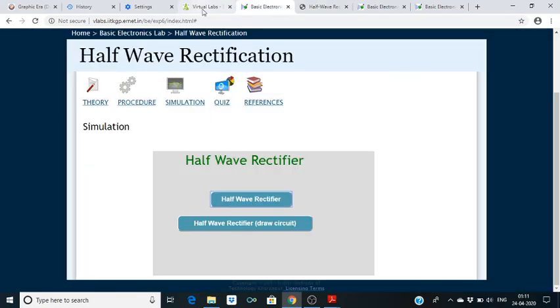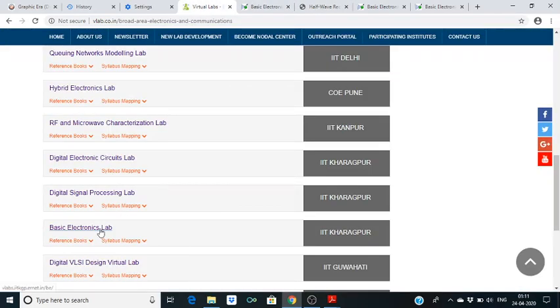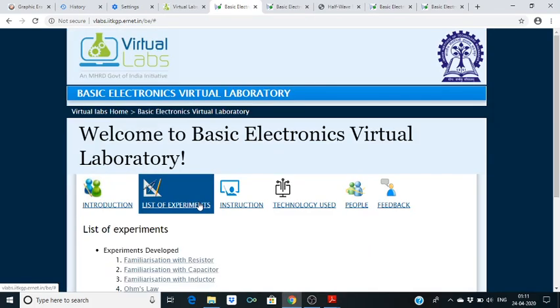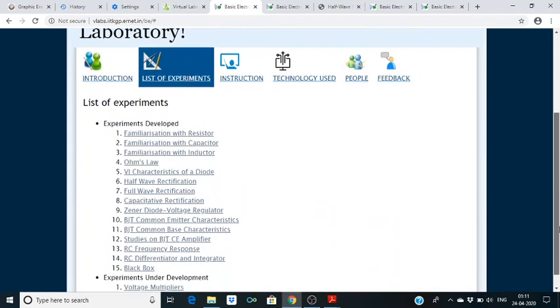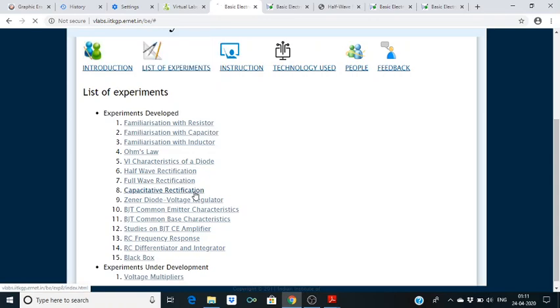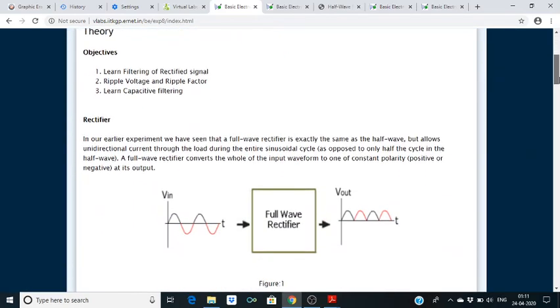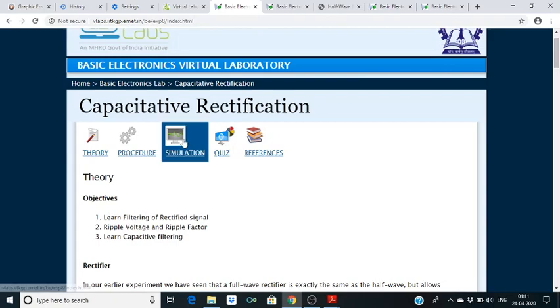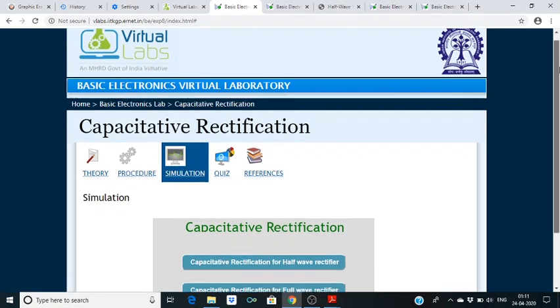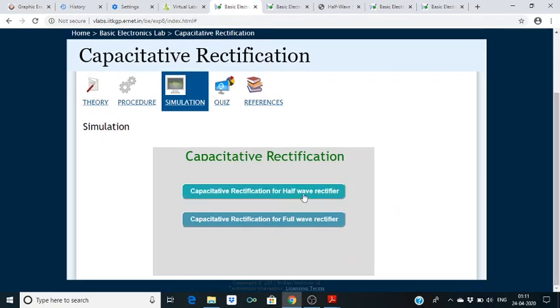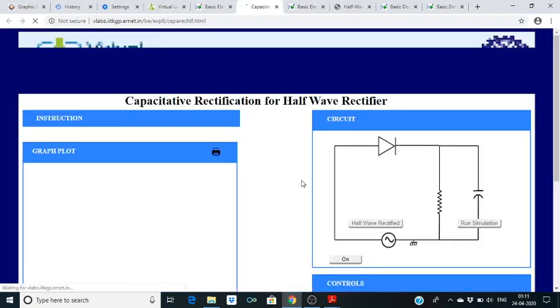Now we will go for the half wave rectifier with a capacitor. So we will go to capacitive rectification. Here also we will go to the simulation part, and then we will go to capacitive rectification for the half wave rectifier.